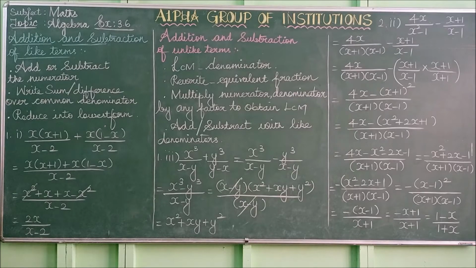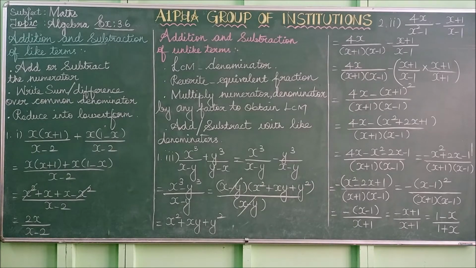In other words, the product of two rational expressions is the product of their numerators divided by the product of their denominators, and the resulting expression is then reduced to the lowest form.